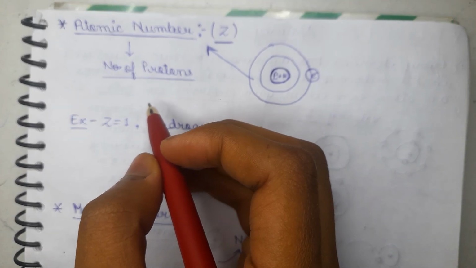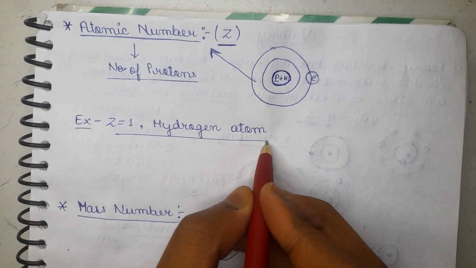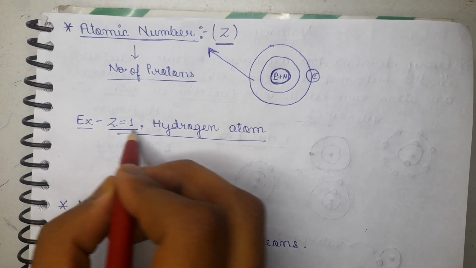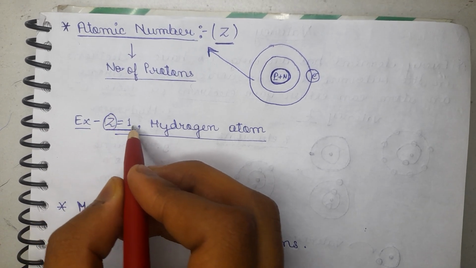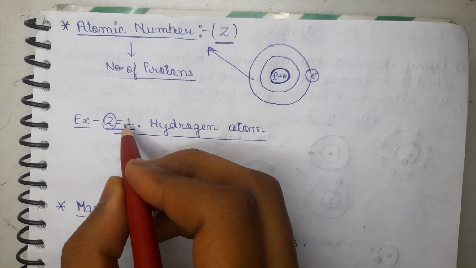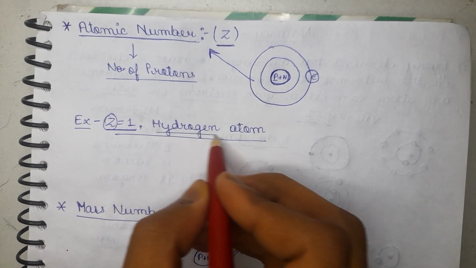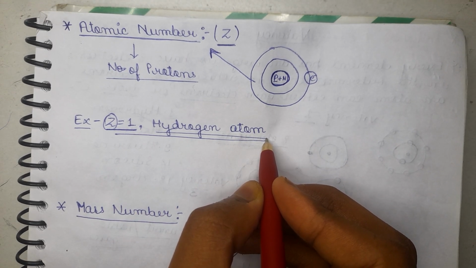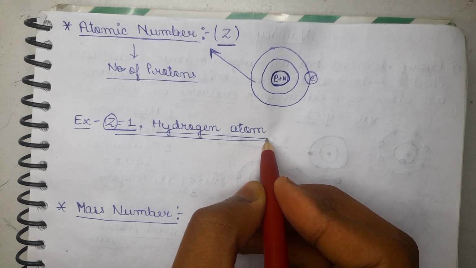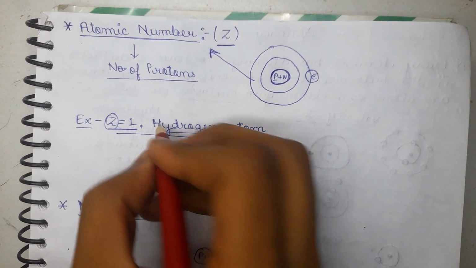For example, if we take the hydrogen atom, the atomic number is 1. It is represented by Z. Z is equal to 1, which means the hydrogen atom has 1 proton. So we can say that the atomic number of the hydrogen atom is 1.